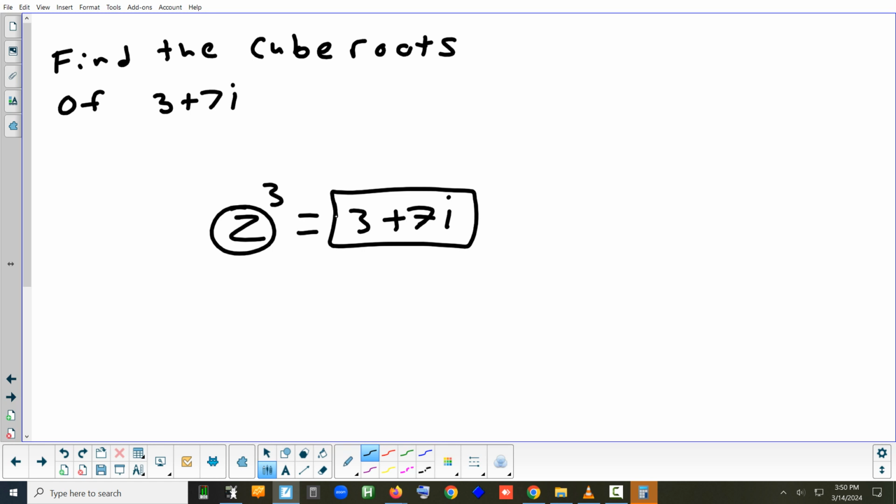You have to change everything to trig form. Oh, change everything to trig. Okay. So how would we change the right side to trig form? What do we have to find? The radius and theta. Yep.